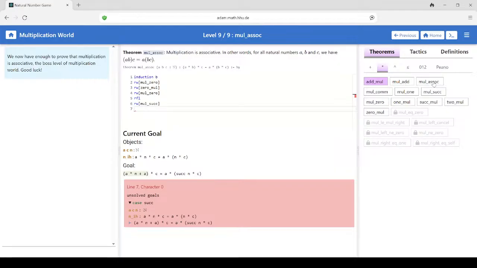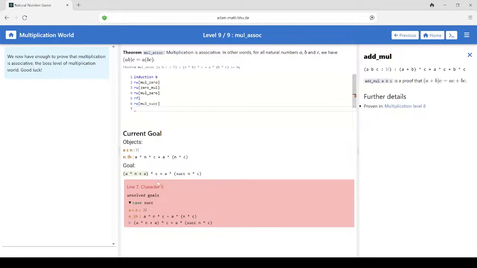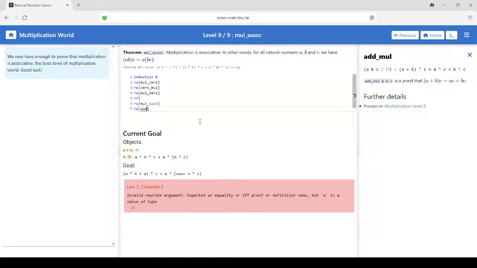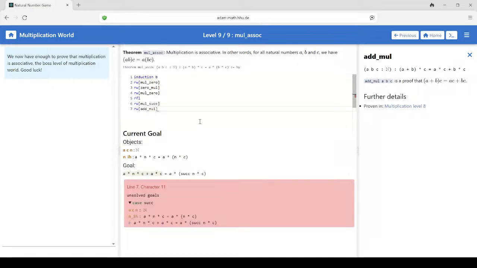That's all I was forgetting. And then we have this, and we can use this.